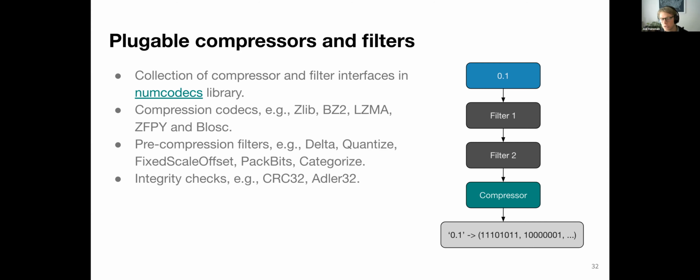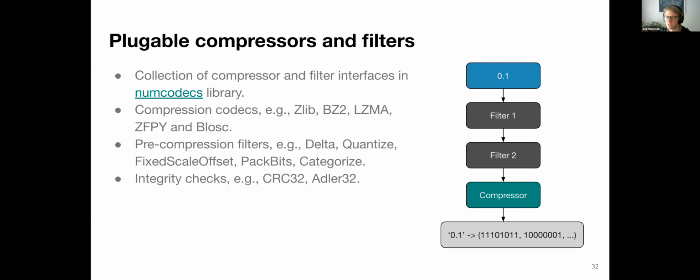Those codecs are all developed with a really simple interface, so adding another one is not all that hard. There are also pre-compression filters like delta and quantize, and integrity checks or checksums that you can add as well.